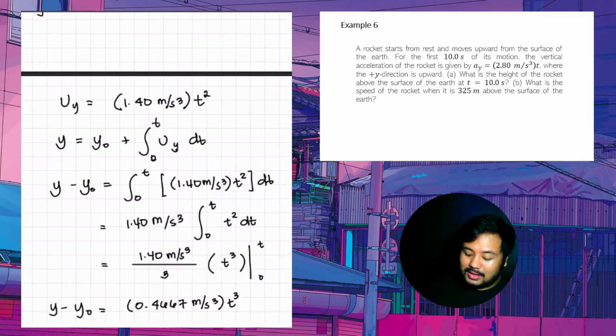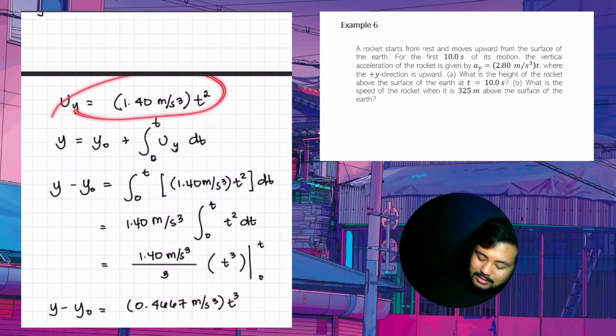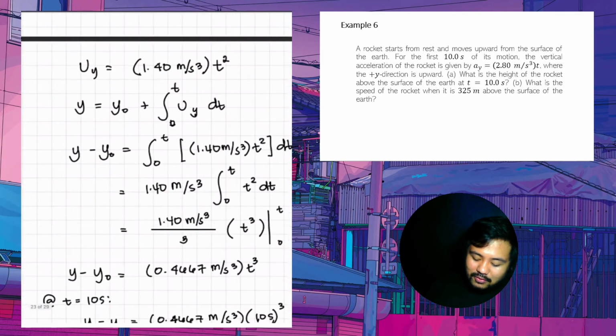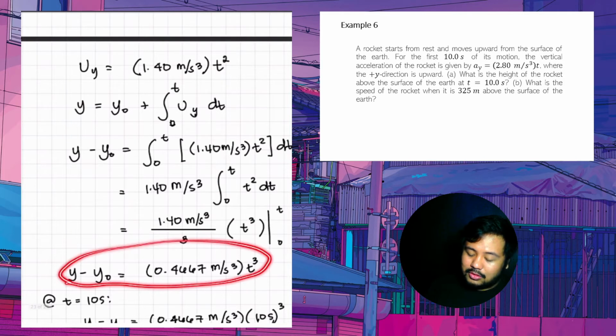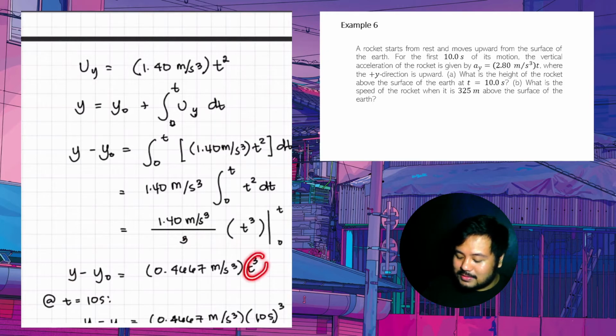So doing again what we did with this one, we now have y minus yo, or delta y, that is equal to 0.4667 meters per second cubed t cubed. We now have the change in position of our rocket as a function of time. So we just have to substitute our value of time here by t, and we know we are finding the height at t equal to 10 seconds.